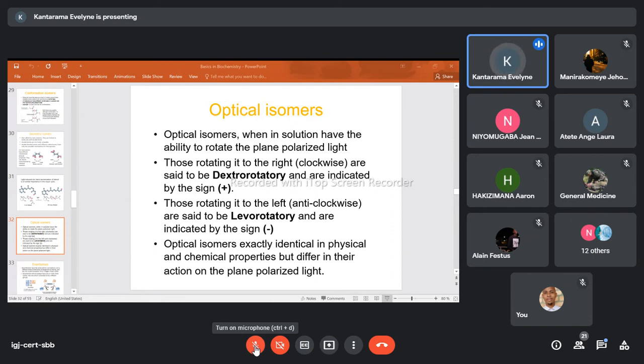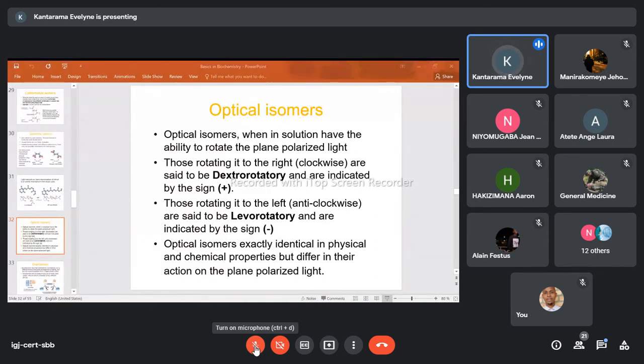This plane polarized light, as I was saying, there is much of physics, but remember, when you have a source of light, the light is divergent, if I can say, up, down. And here, if they say polarized, there is an instrument called the polarizer that will make those dispersed rays into a focused one.